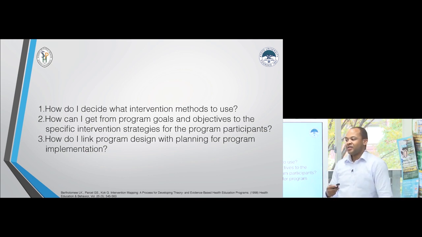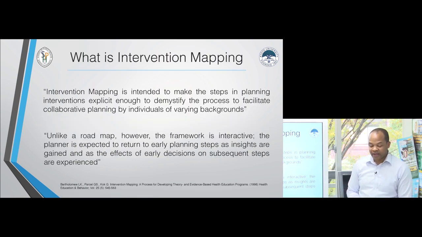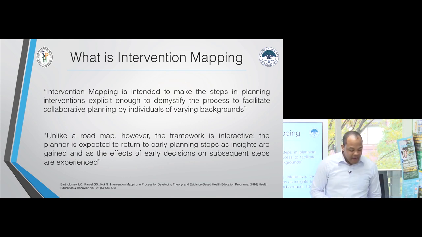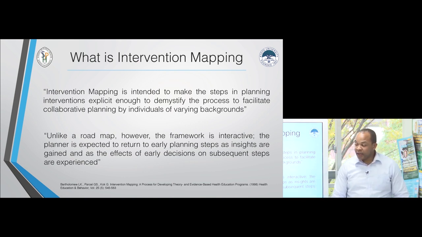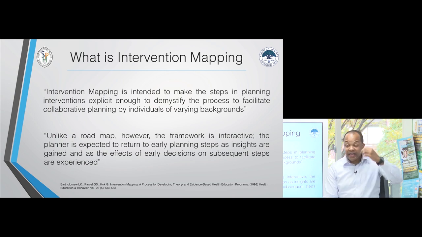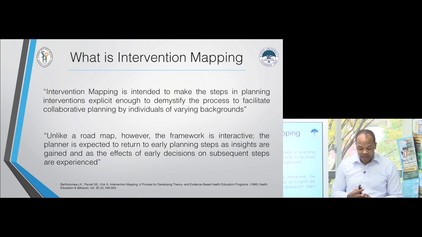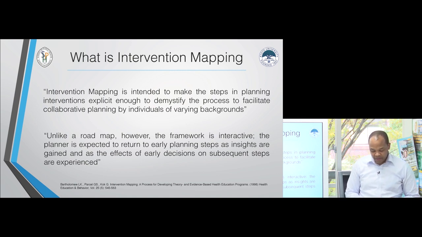So I think this is one of the frameworks that really helps us link those two ends together. The authors write that intervention mapping is intended to make steps in planning interventions explicit enough to demystify the process and to facilitate collaborative planning by individuals of varying backgrounds, so the interdisciplinary part of it.